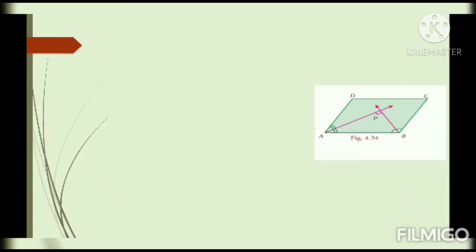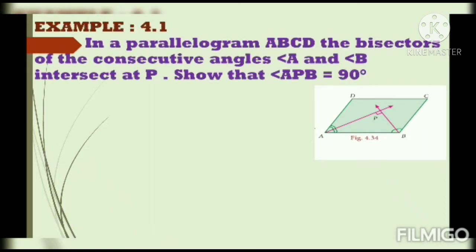So, the first problem is: in a parallelogram ABCD, the bisectors of the consecutive angles, angle A and angle B, intersect at P. Show that angle APB equals 90 degrees.